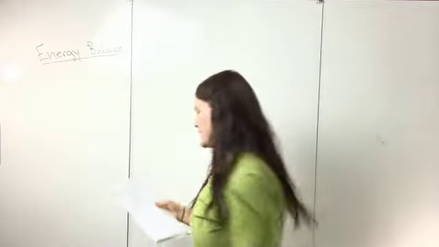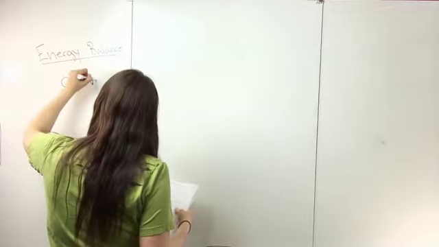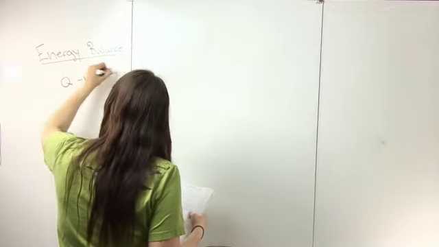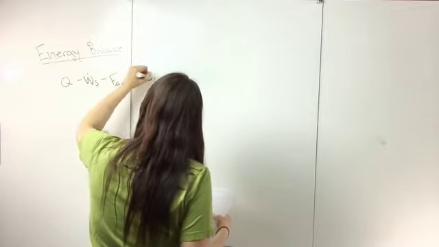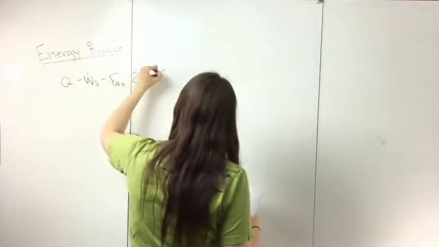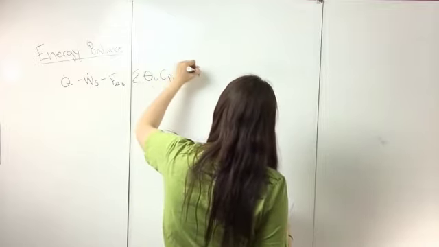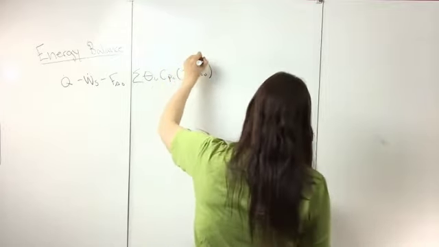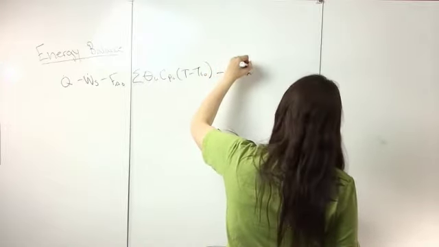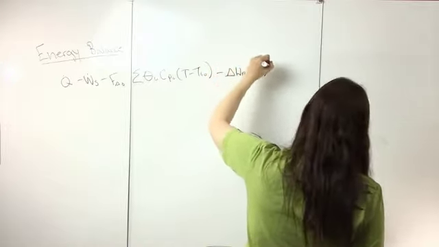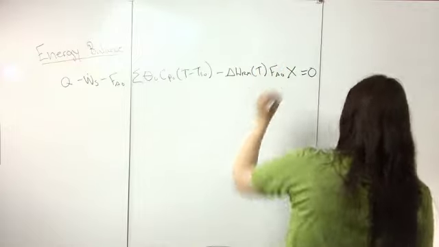Okay, so rewriting this equation, I have Q minus the shaft work minus Fa naught, the sum of theta i Cpi (T minus Ti naught), minus the heat of reaction at T times Fa naught X is equal to 0.